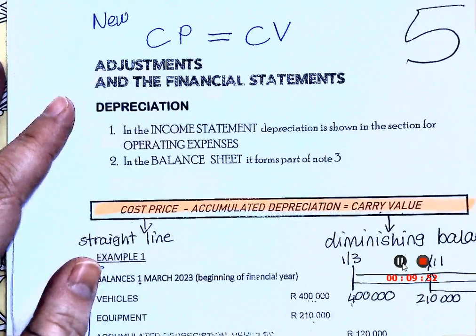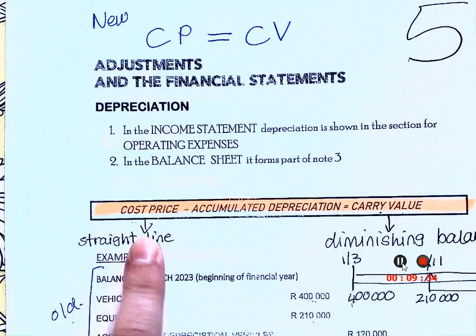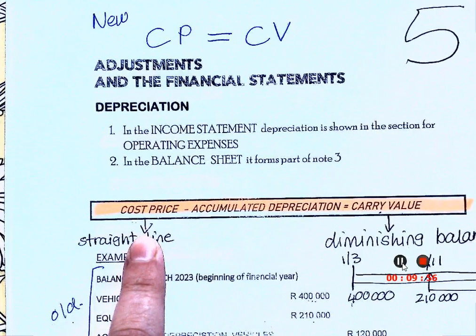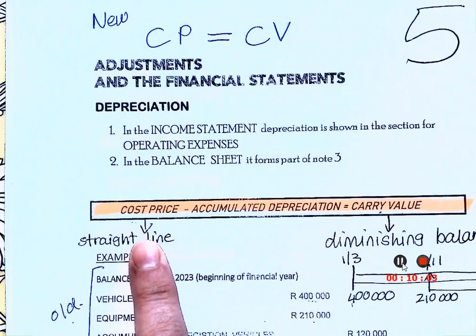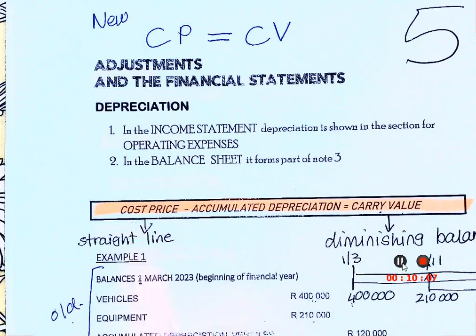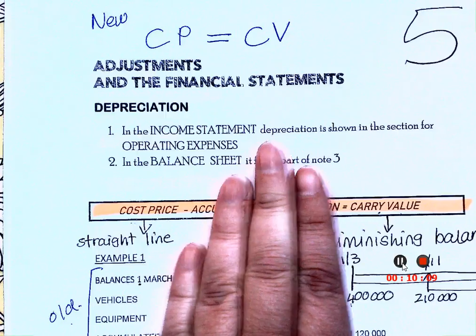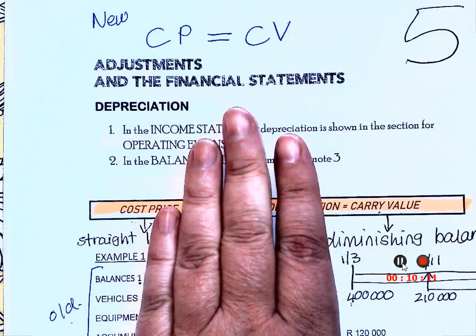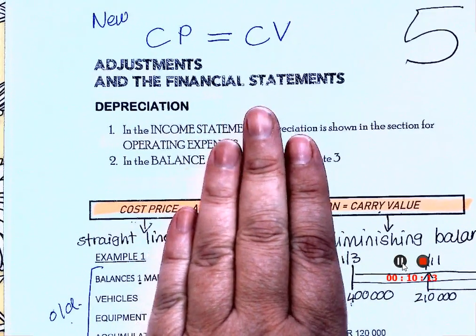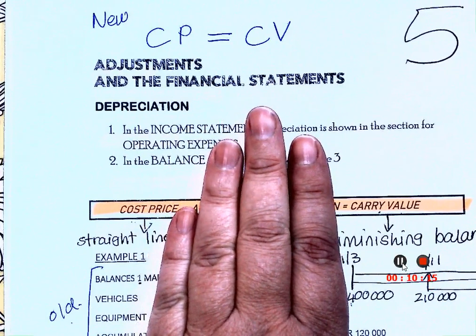The thing I bought this year, does it have a cost price? Yes, because I just bought it, so I paid, so that's the cost price. Did I depreciate anything on it so far? No. So do I have an accumulated depreciation? No. Can you see? If I take out accumulated depreciation, what does it say? Cost price equals carry value.